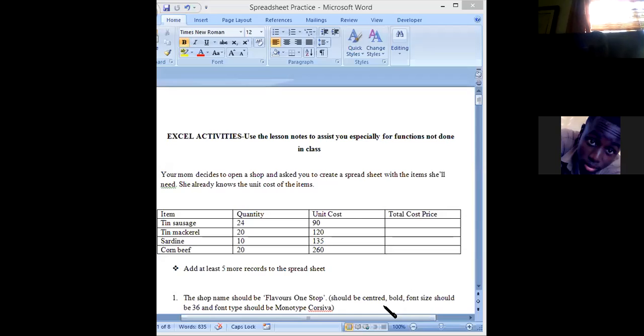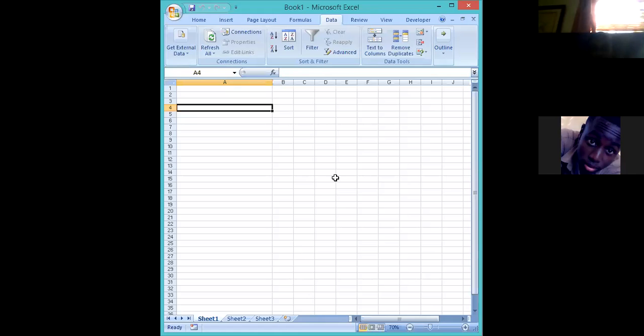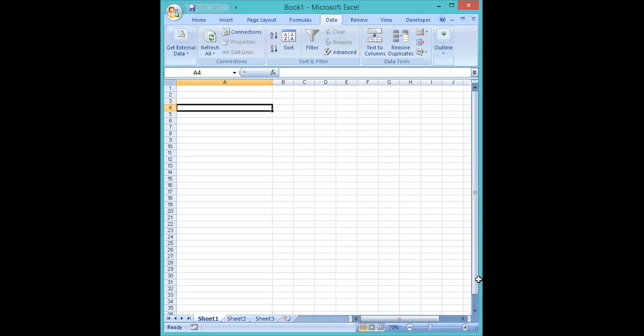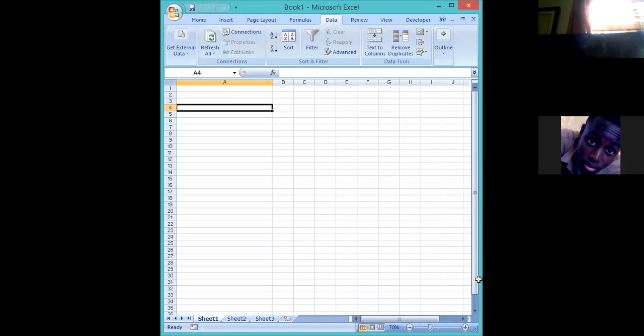Another question. Does anybody have a computer with Microsoft Excel? One person said yes. What about the other persons? That's just one person, Patrine and Kevoy, two persons answered. I need everybody to answer.